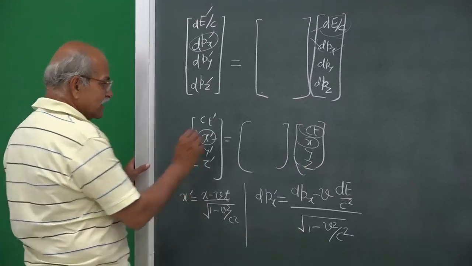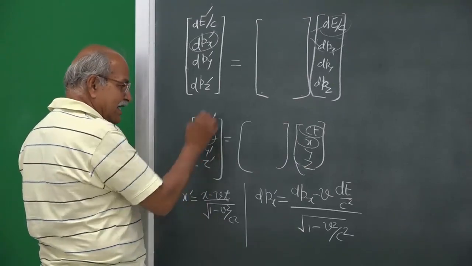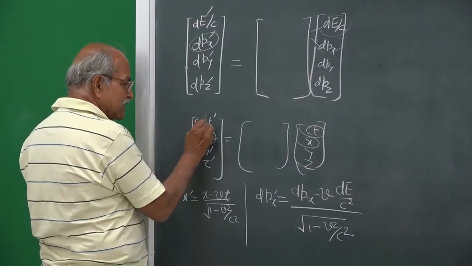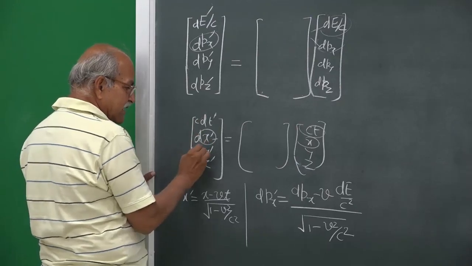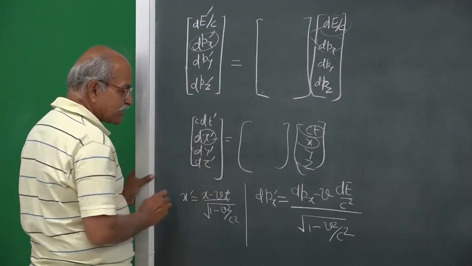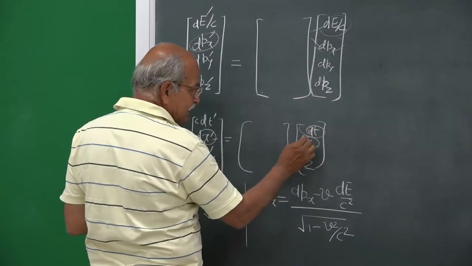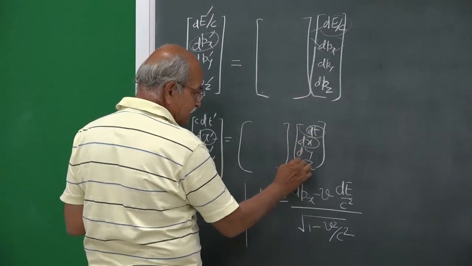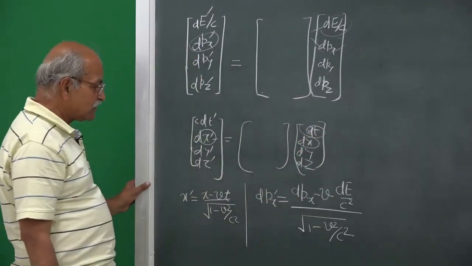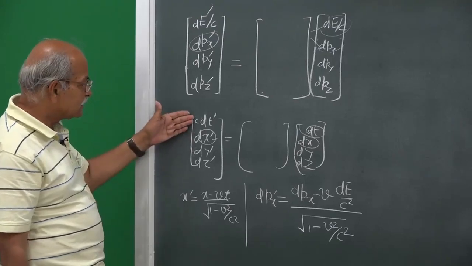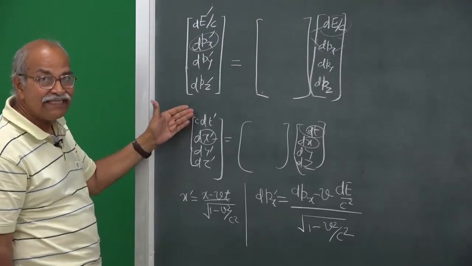Very simple. You can take again the differences: this will be c dt prime, then dx prime, dy prime, dz prime, this will be c dt, and then you have dx, dy and dz, and you know the transformation of t prime or dt prime.